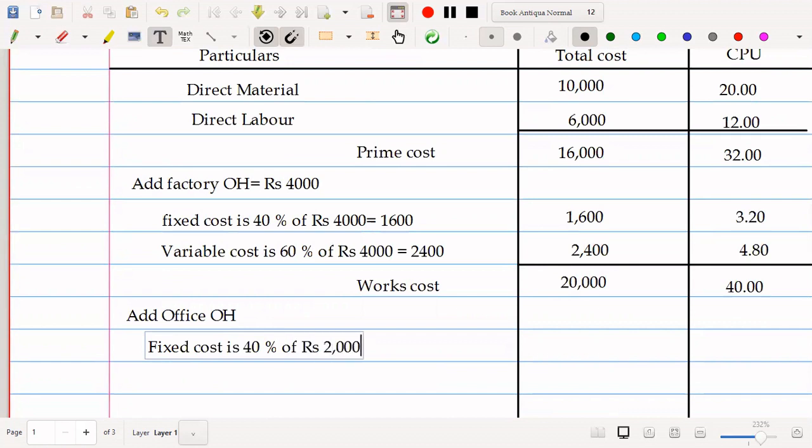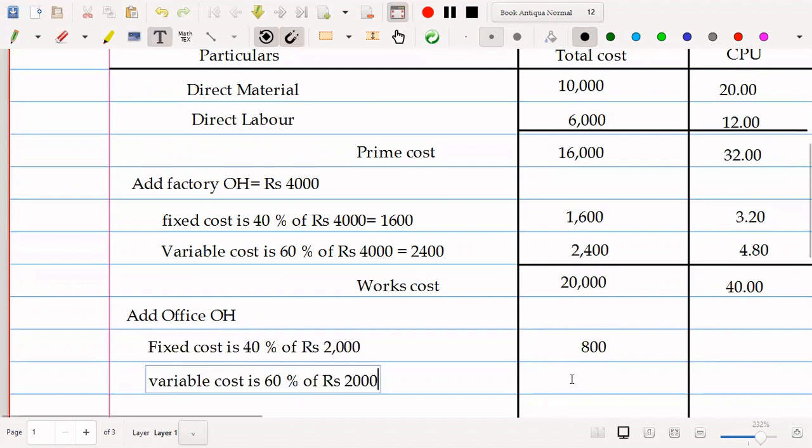So what will be the answer? It will be 800. Take it directly because it is fixed. And next, variable cost is 60% of rupees 2,000. So what will be the answer? That comes to 1,200.